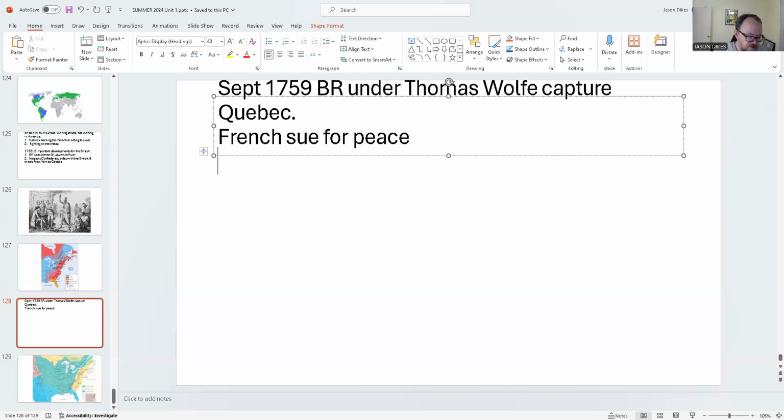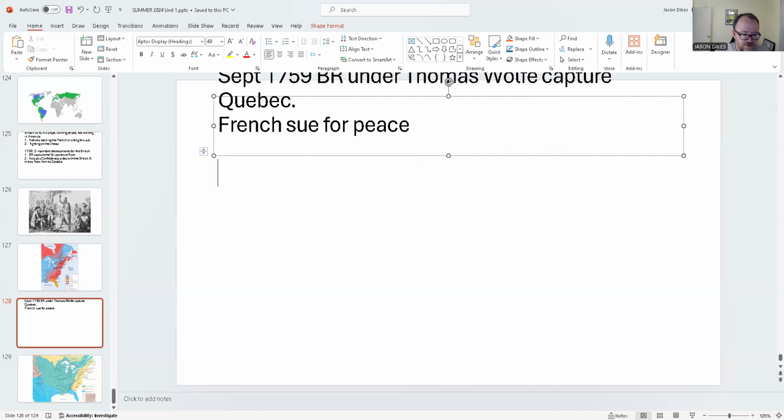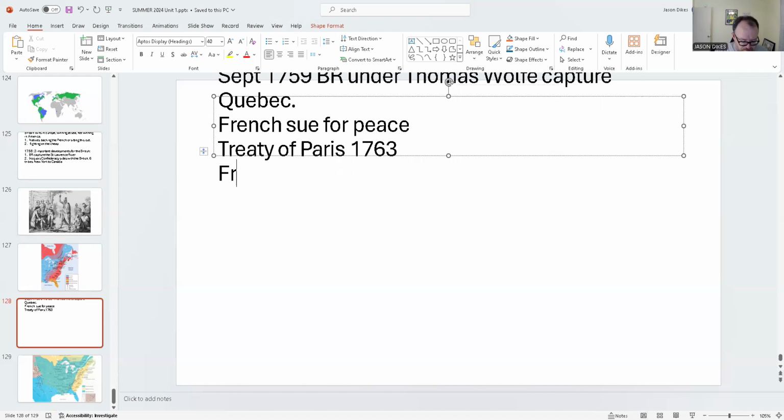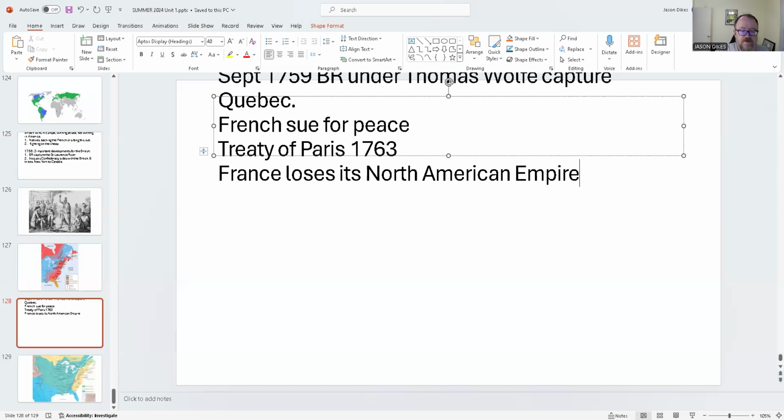It takes 3 years to get a peace treaty. This is called the Treaty of Paris. This is the 1763 version of the Treaty of Paris, where basically France loses its North American Empire.